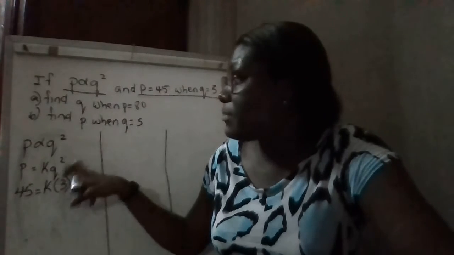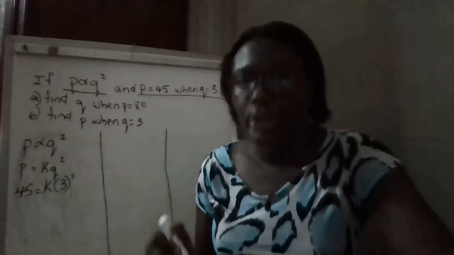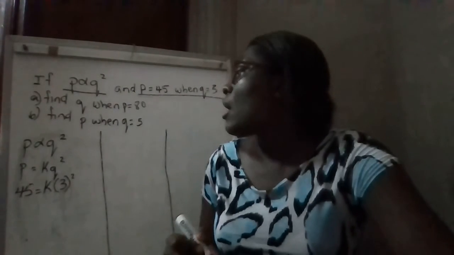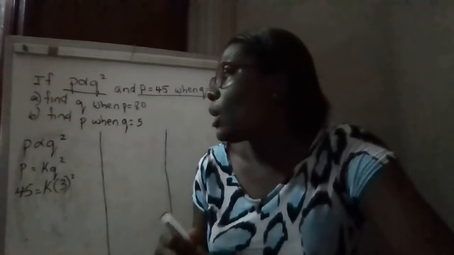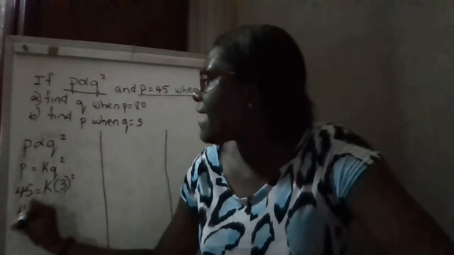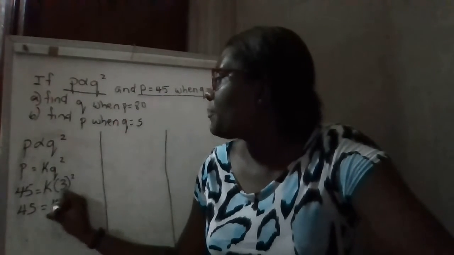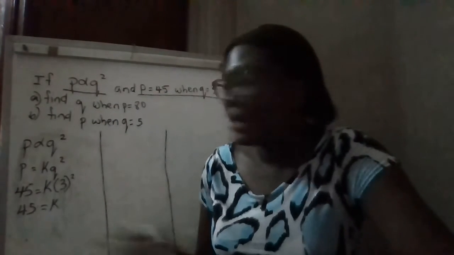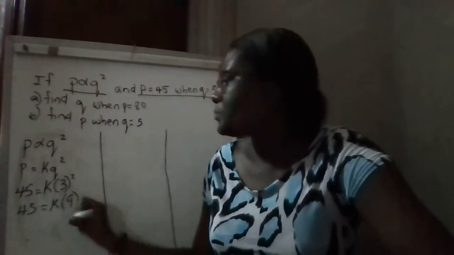All I did was replace the value of 3 for Q, right? All right. Now we write 45 is equal to K, and of course 3 squared would give me 9.